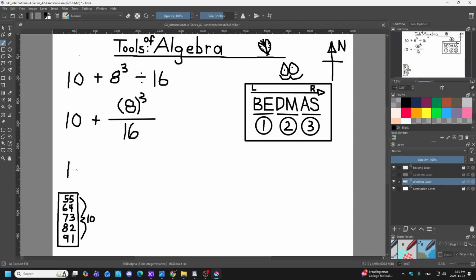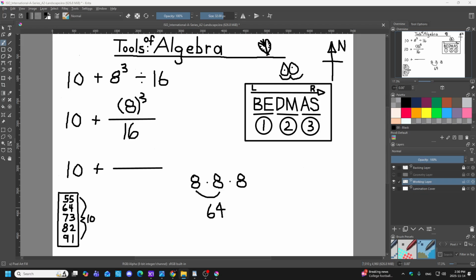Continue working the problem. Eight cubed. That's going to be a big one. So we have 8 times 8 times 8. So I'll go into pairs. 8 times 8 is 64, right?